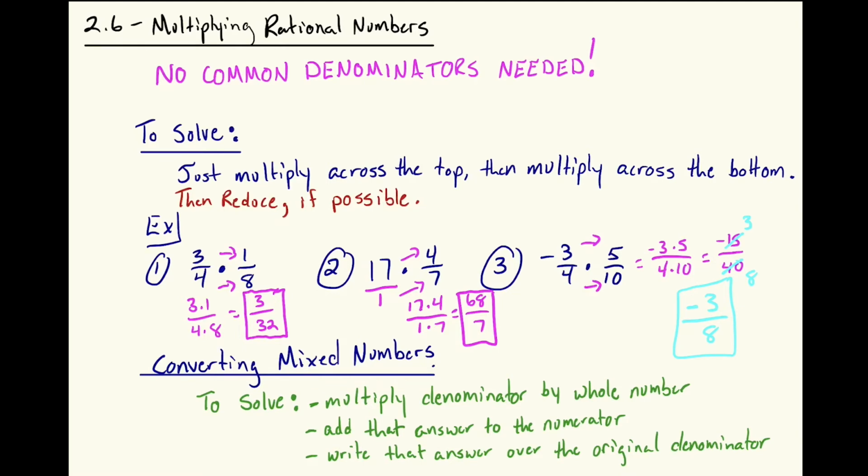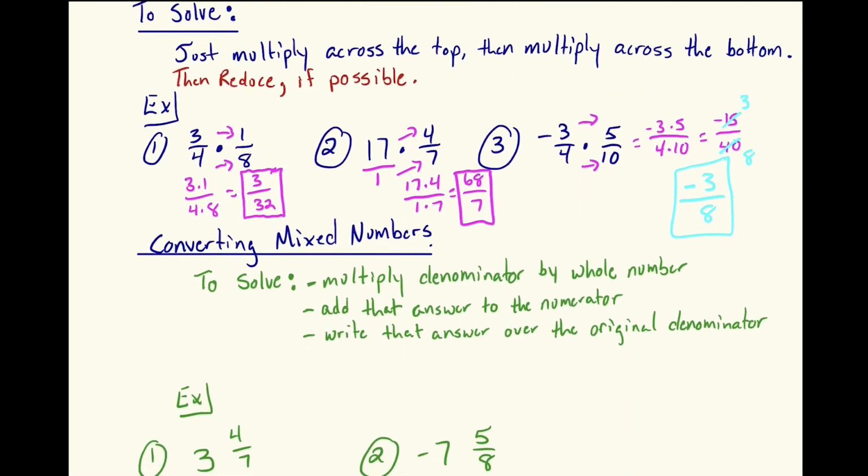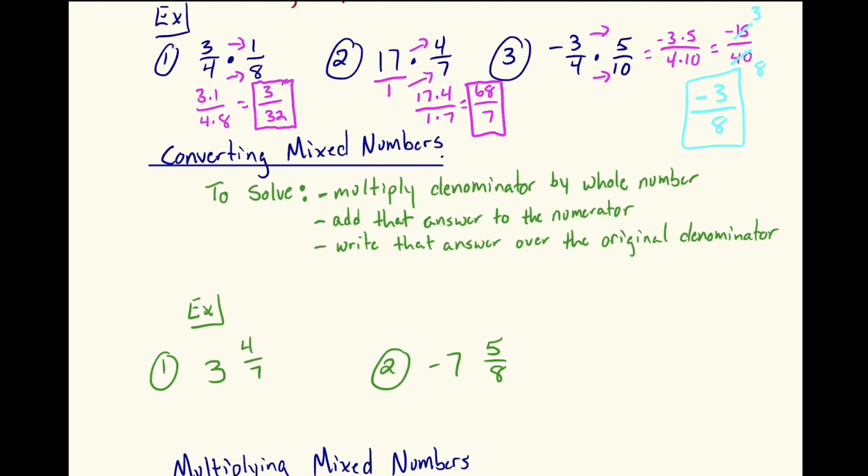Since we have not talked about mixed numbers here, I do want to go over how to convert a mixed number. A mixed number is basically a whole number and then a fraction. You can see the two examples written below. We have 3 and 4/7. We also have -7 and 5/8.